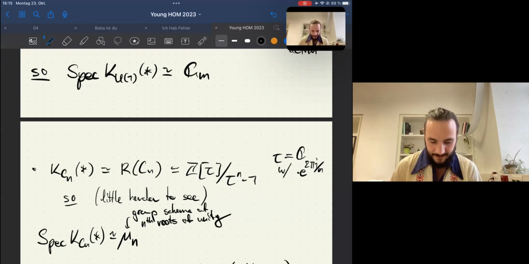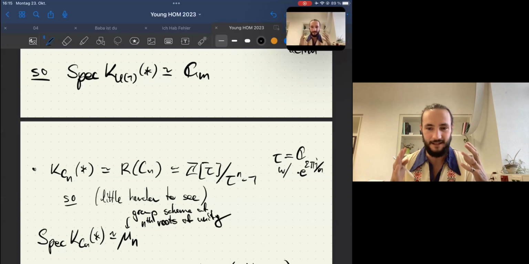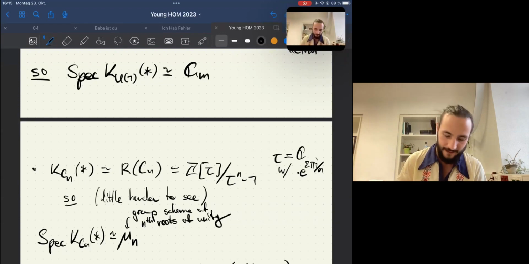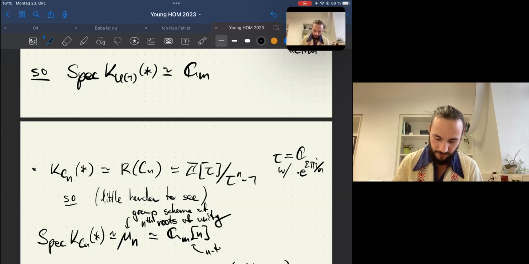And in fact, this group scheme of nth roots of unity is canonically a subgroup scheme of Gm. It's the n torsion points inside Gm.